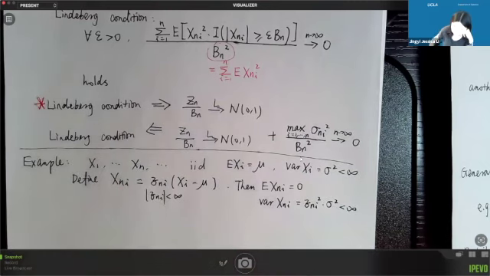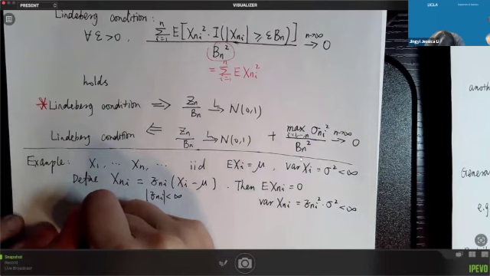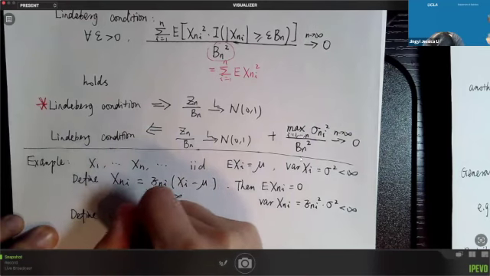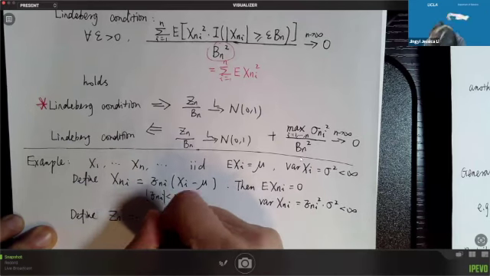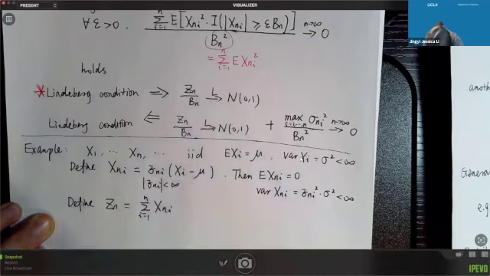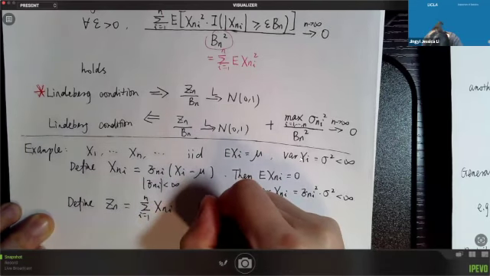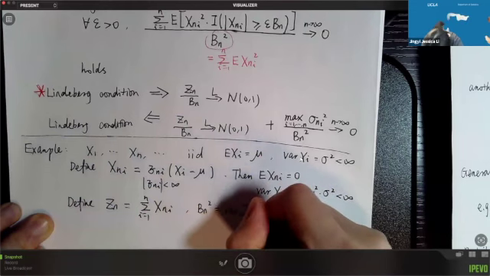So we're in this setup, and if we want to define Zn as in the Lindeberg-Feller theorem, Zn is still the summation of Xni from 1 to n, and still Bn squared is the variance of Zn.